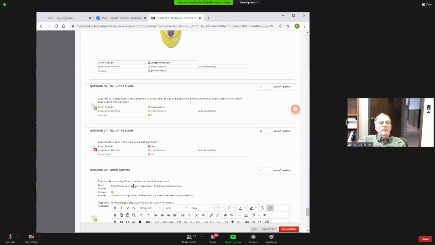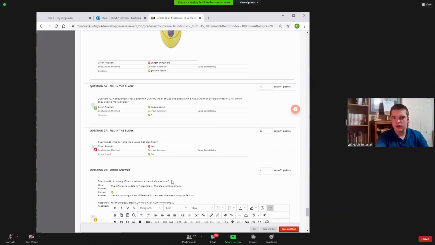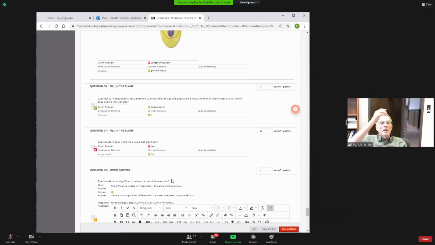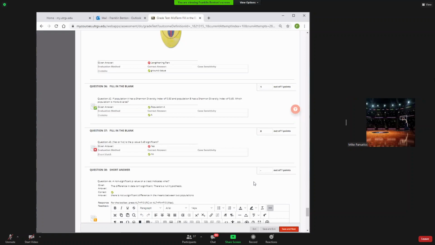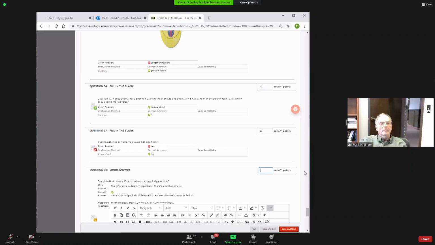A non-significant p-value on the t-test indicates what? That the null hypothesis is correct? Yeah, that there is no difference. And the null hypothesis is correct. Okay. For that one, if we specifically said that there's no difference between the means of the two groups, would that be correct?